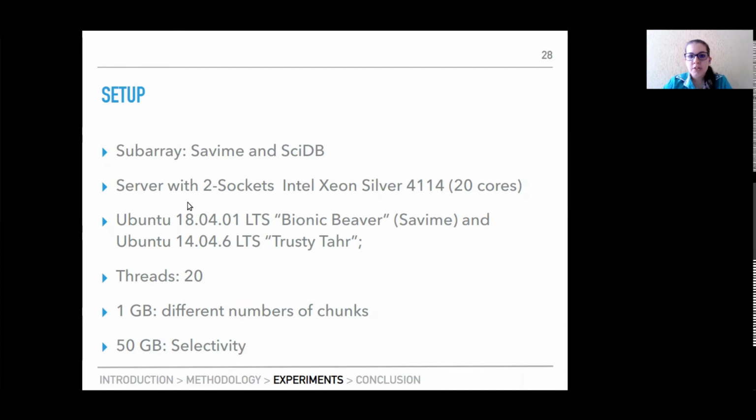The NUMA machine used in our experiments has two sockets. In processing queries, we run each array database with 20 threads, equal to the number of physical cores in our architecture. We vary the workload by 1 GB with different numbers of chunks and 50 GB with varying operator selectivity.